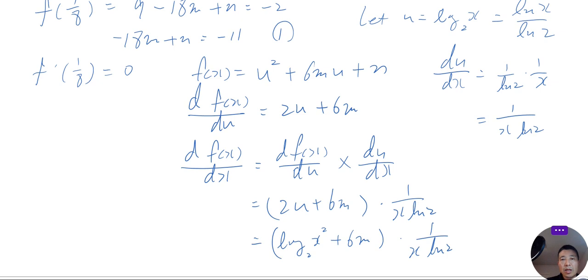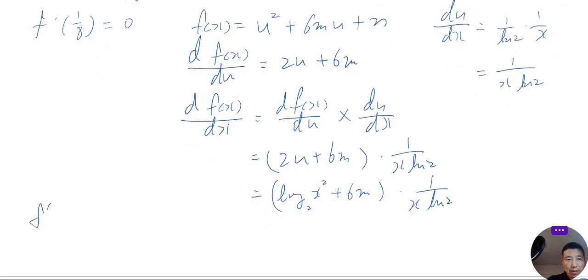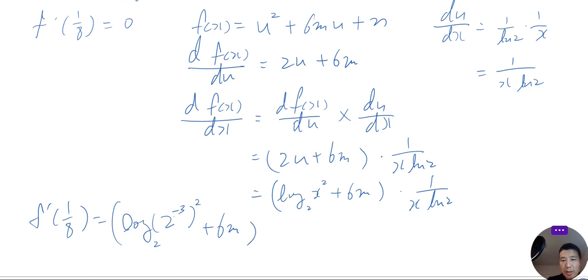And then we want to plug 1/8 into x. So finally f prime of 1/8 equals what? When I plug 1/8 here, I'm gonna write log of 1/8 is what? 2 to the power of negative 3, so negative 3 to the base of 2, and 6m, times 1 over (1/8) ln 2.